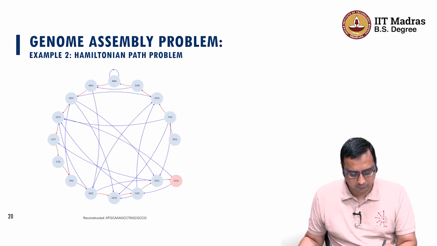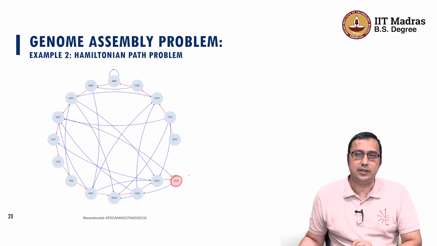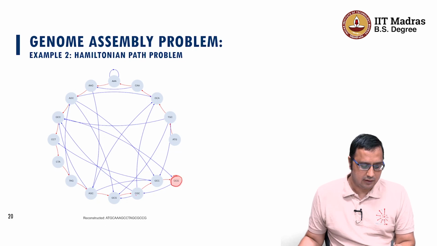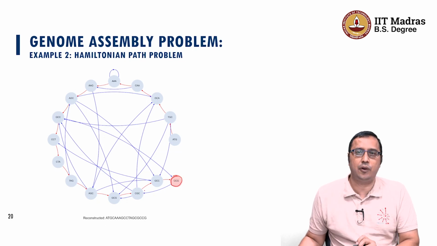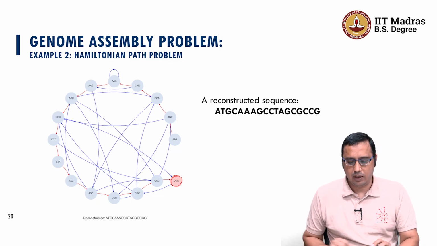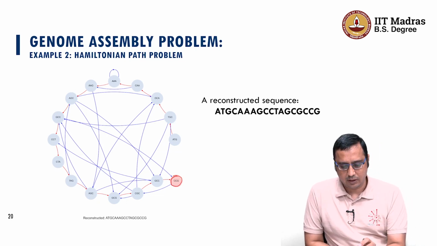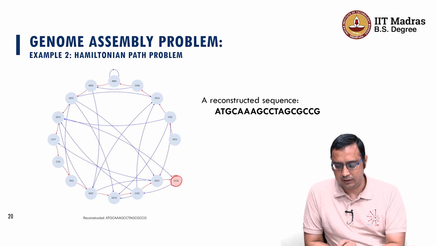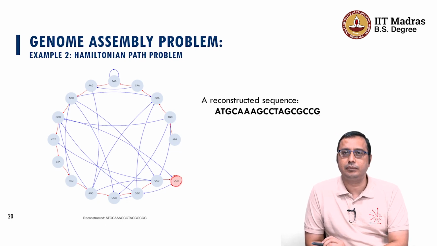And what we did is we found a Hamiltonian path by looking at all the options, and we started with this one and we ended up at CCG. And since we used CCG in such a manner that CGC was used, we cannot extend the path. But we used all of them and found a reconstructed sequence ATG, CCC, AGC, CTA, GCG, CCG.